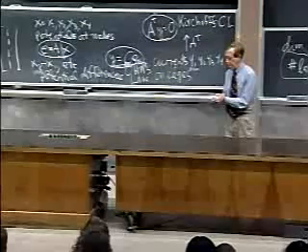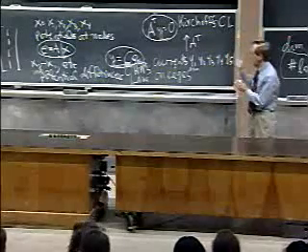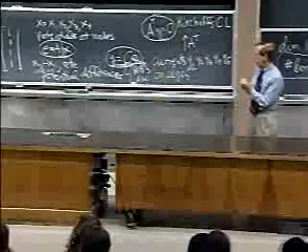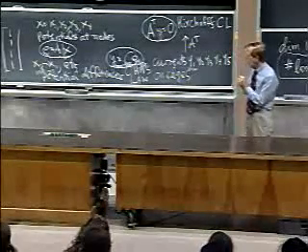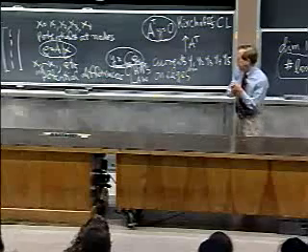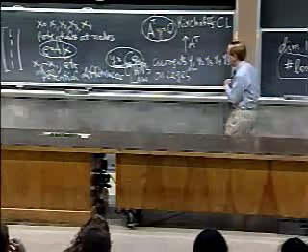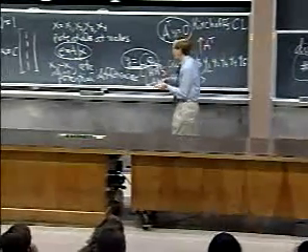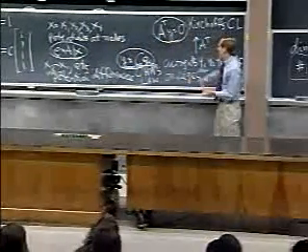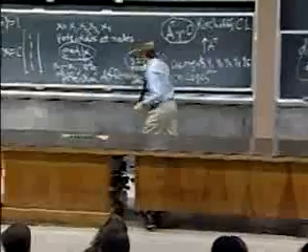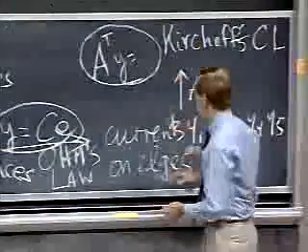I could add a current source here. I could add external currents going in and out of nodes. I could add batteries in the edges. Those are two ways. If I add batteries in the edges, they come into here. Let me add current sources. If I add current sources, those come in here.